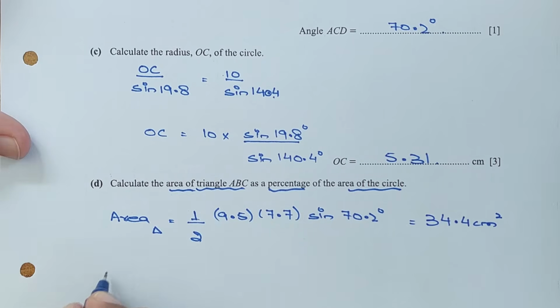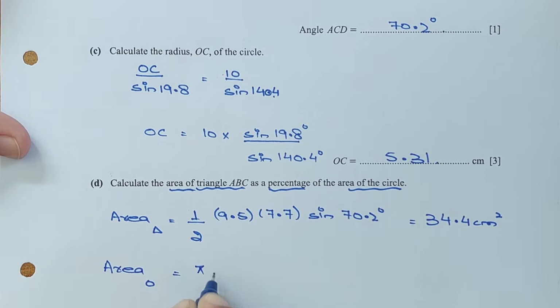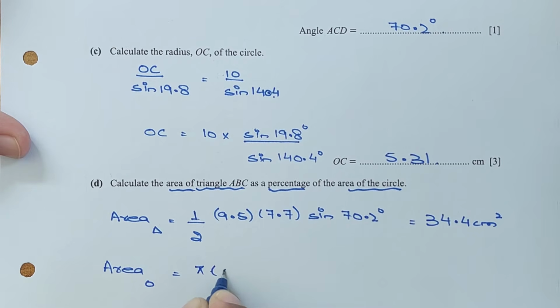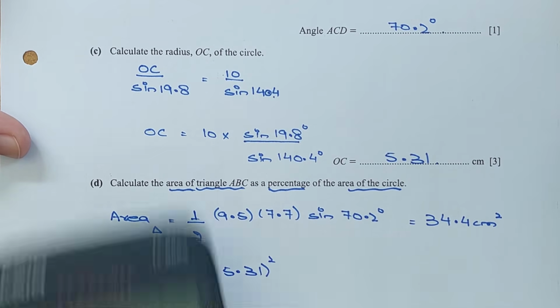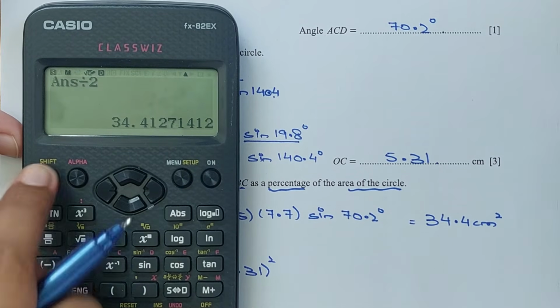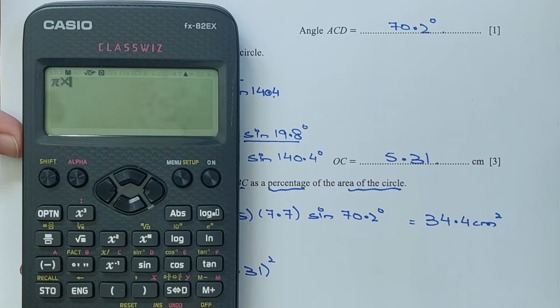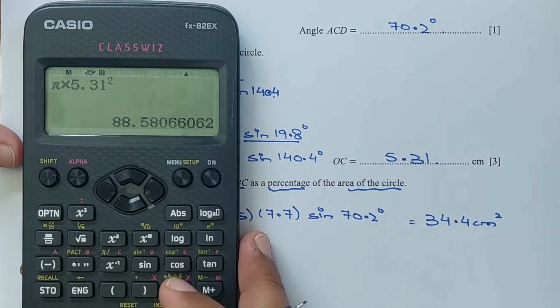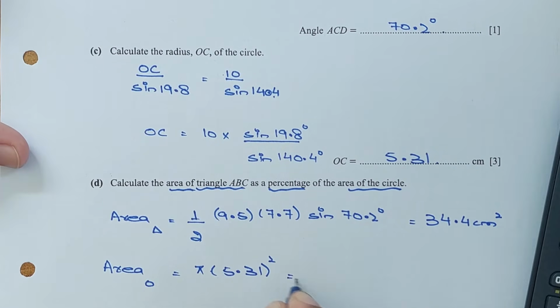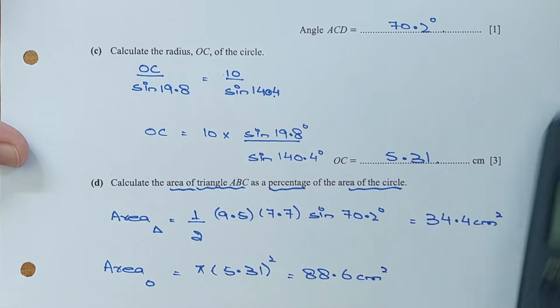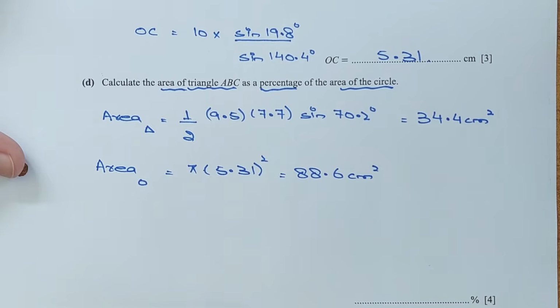Now let me find the area of a circle. Pi r square. Radius is 5.31. Okay, pi times 5.31 square. This is 88.6 centimeter square, right?